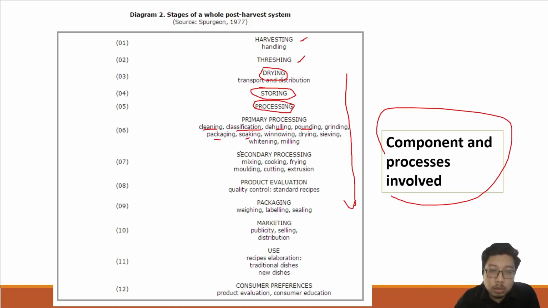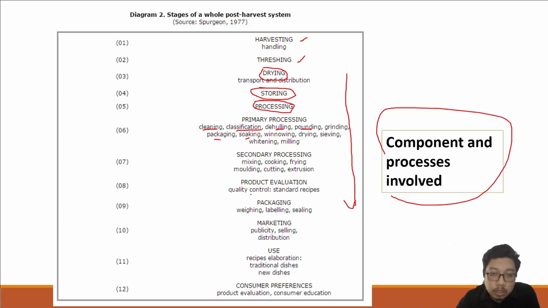Other than primary processes, we also have secondary processes. If the product needs to be processed further to make it workable, the secondary process is needed: mixing, cooking, frying, molding, cutting, and extrusion.